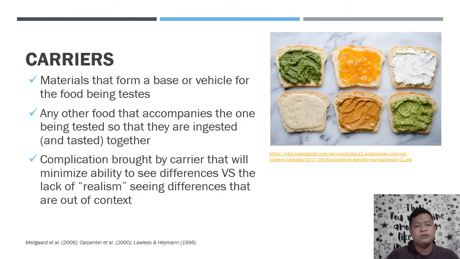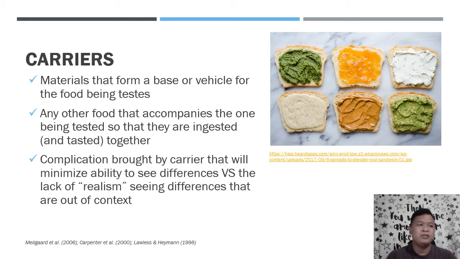So the choice of using carriers is somewhat arbitrary and entirely up to the analyst, depending on their objective. Usually we want to strike a balance between realism and, at the same time, minimizing the ability to see differences that do not exist and are only brought about by the carriers themselves.